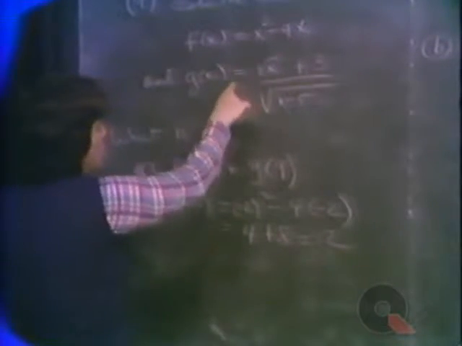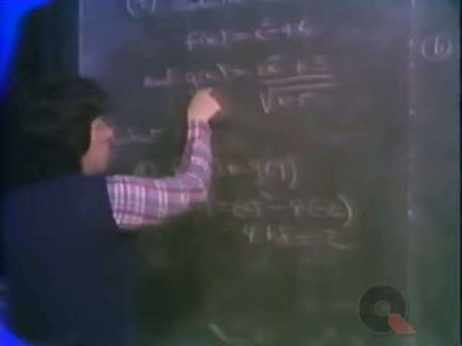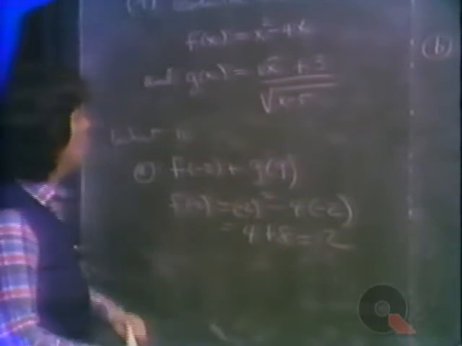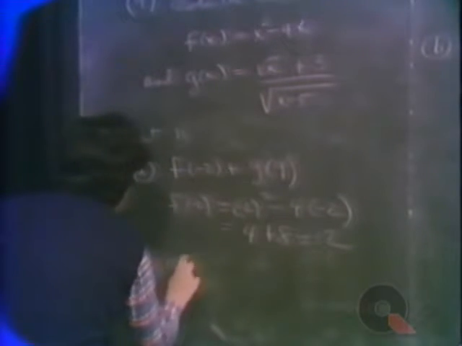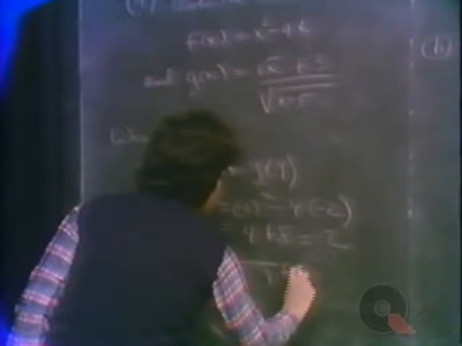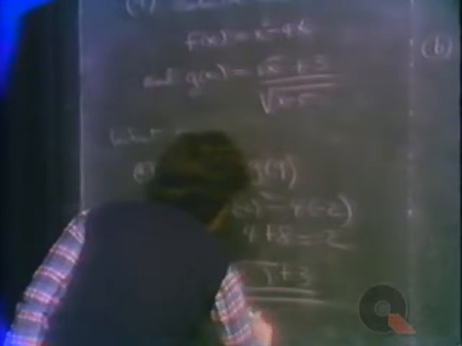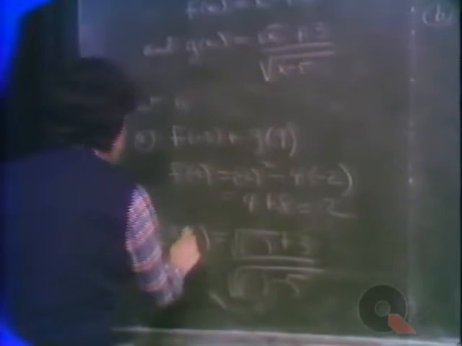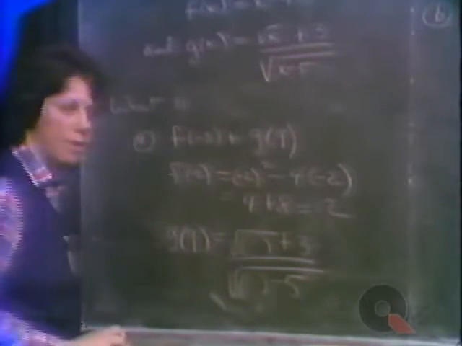Similarly, let's look at the g function. You put in a value, it takes the square root, adds 3 to it, and divides by the square root of 5 less than the number. So g of anything would be the square root of that something plus 3 over the square root of that number minus 5. Now we're interested in g of 9, so we simply fill 9 into the parentheses.